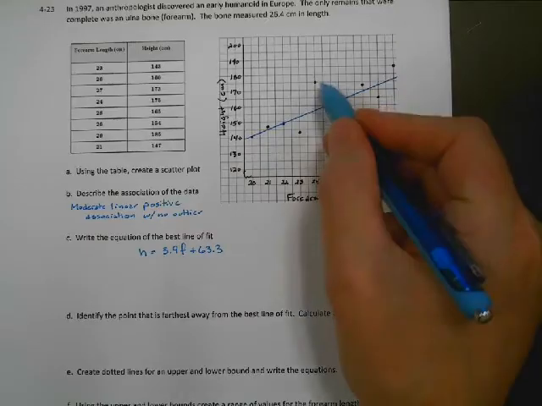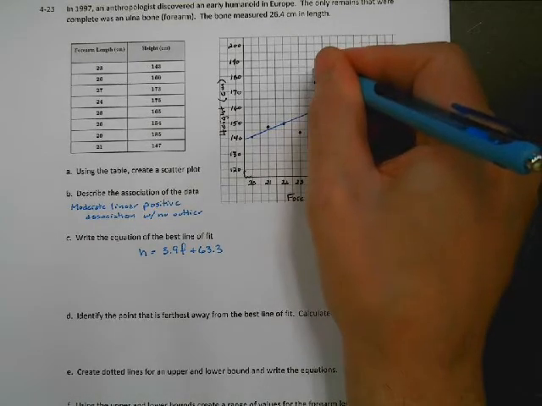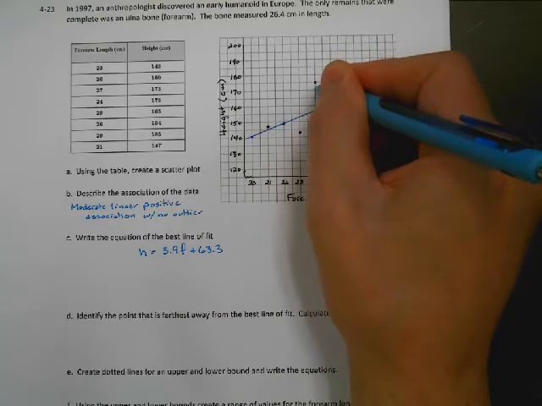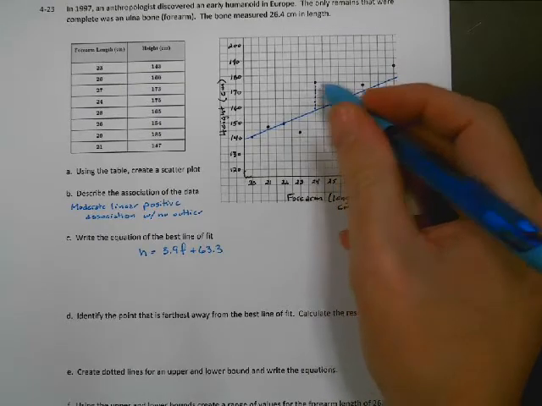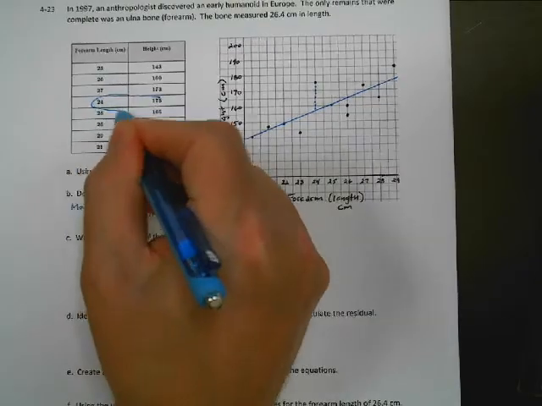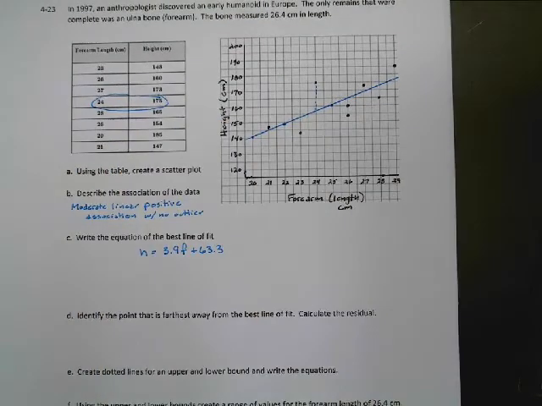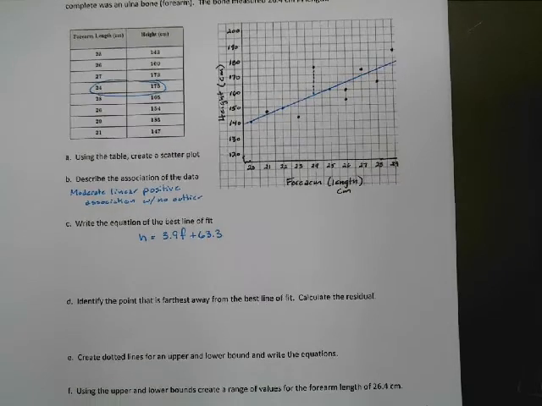I don't think you get any farther than this one. That's the farthest point. Okay, so this is my farthest point from the line. Looking over here, that's the point 24, 175. That's the farthest point away from the line, and we're going to calculate the residual for that.